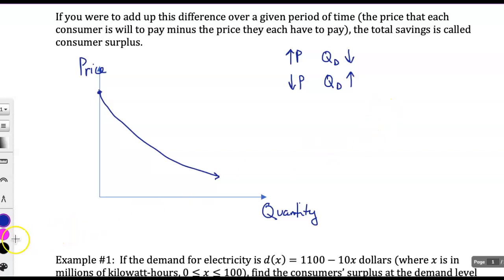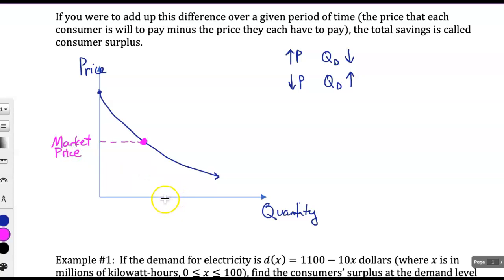Okay, so what's going to happen is the market is going to set a price. I'm just going to randomly put it on here. Here's the market price. This is called the market price, and what that means is it's the price that the market has set.